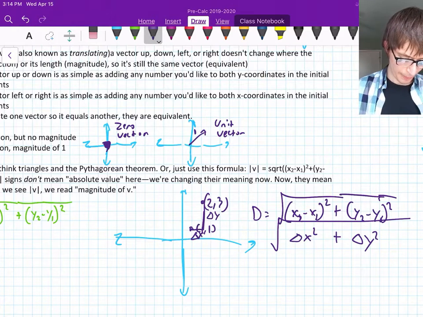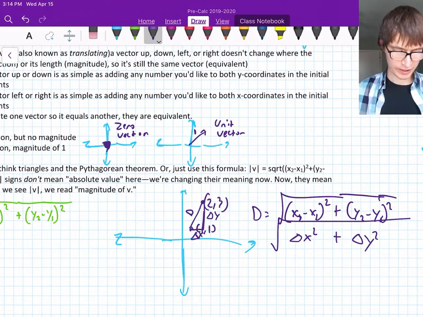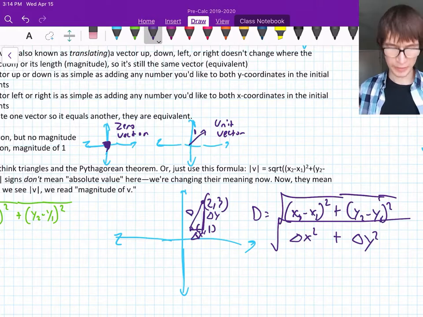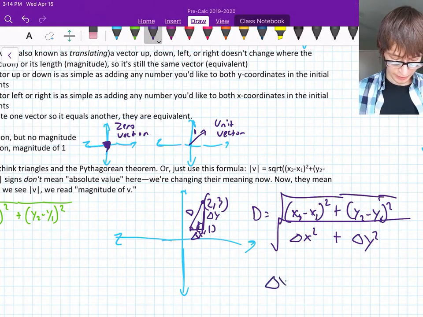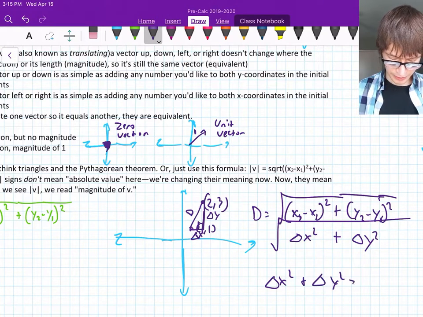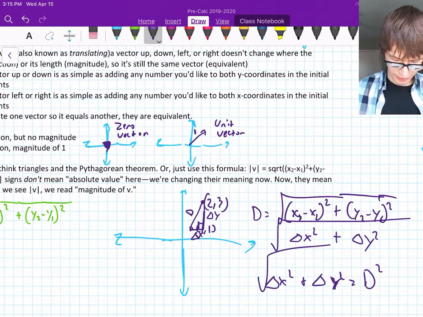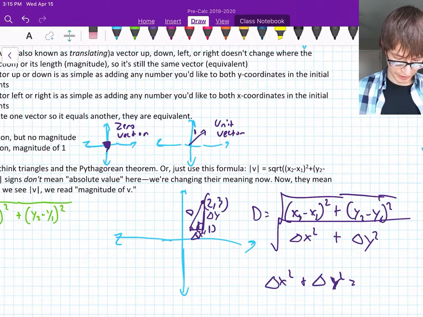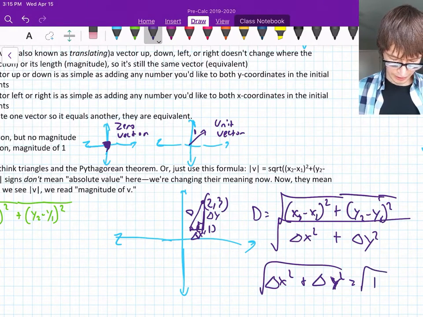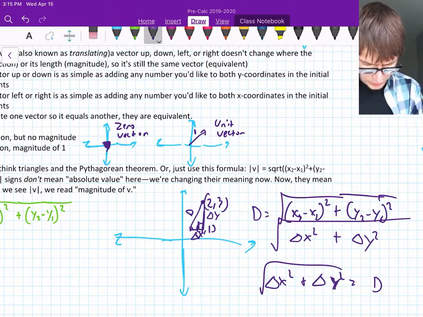Because we know that creates this distance, the change in x squared plus the change in y squared equals the distance squared, because that comes out of the Pythagorean theorem. If you square both sides, then you will get exactly this formula: the square root of the change in x squared plus the change in y squared equals the distance. Okay, so that's the distance formula.